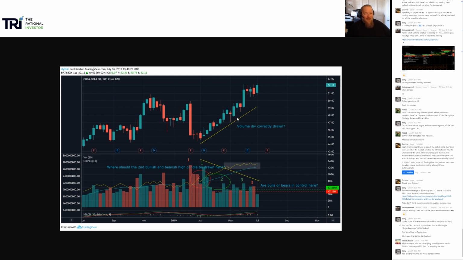And really, let me just correct something really quick. When we look for bullish volume change, we look at lows, so lower lows on price, higher lows on the indicator. Really, these are backwards. What we want to track is higher highs on price and lower highs on the indicator.